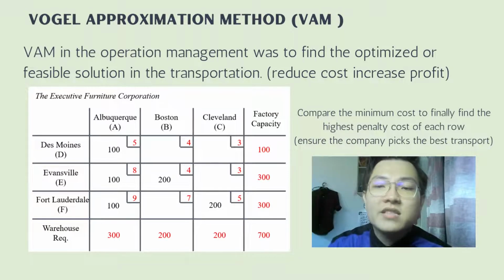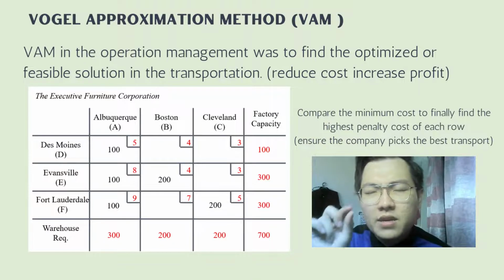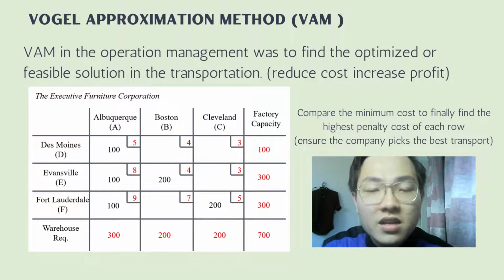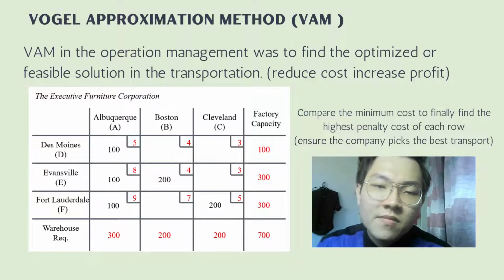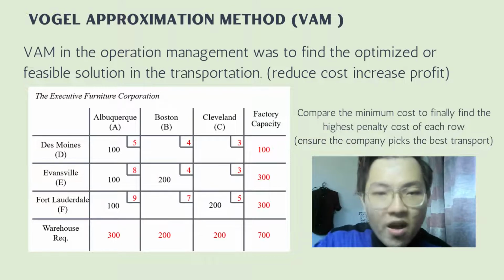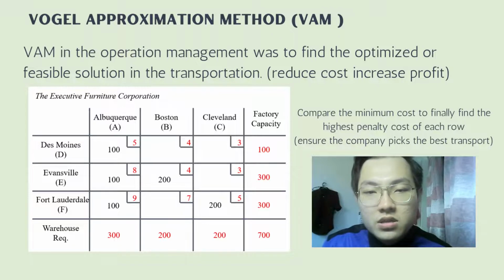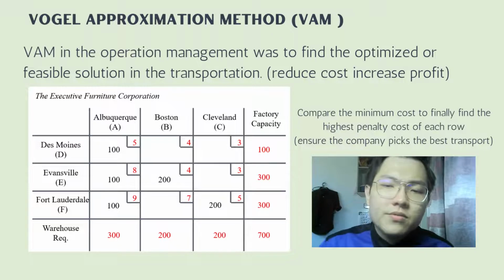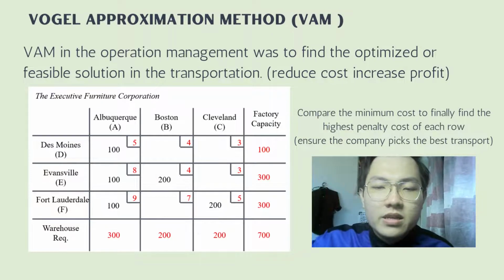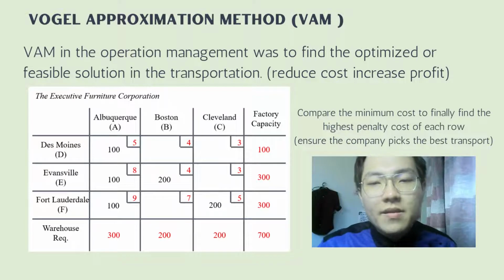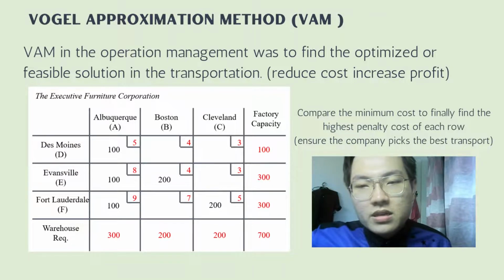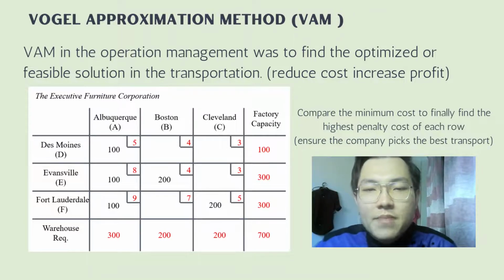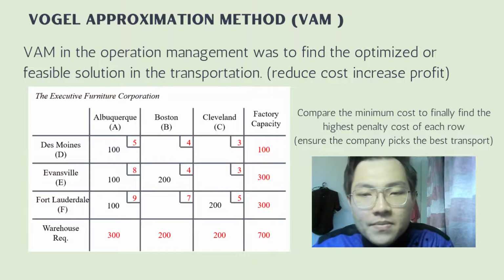Then we find the highest penalty cost, and we use that as the new solution. Then we continue until we can fill all the empty cells, and after we get all the steps, we will get the best solution for the VAM.